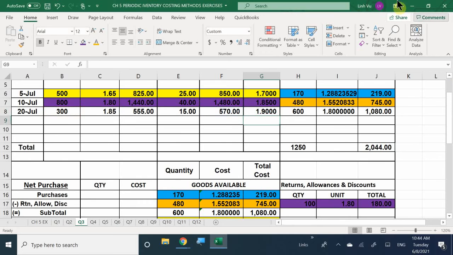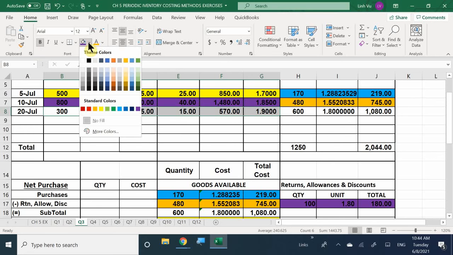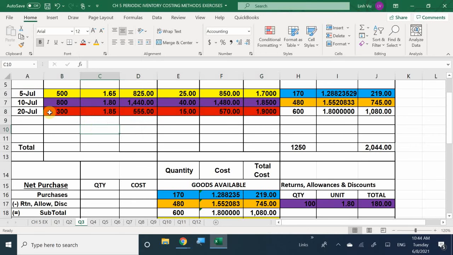Which brings me to a total cost per item to be $1.90. $1.90. All right. Once again, I'm going to take this and I guess red is something we haven't used yet, right? Let's go for red for now. Okay. Did we use all the colors already?